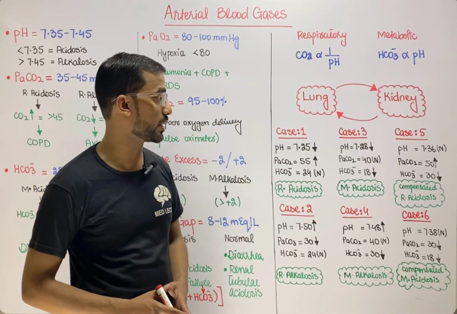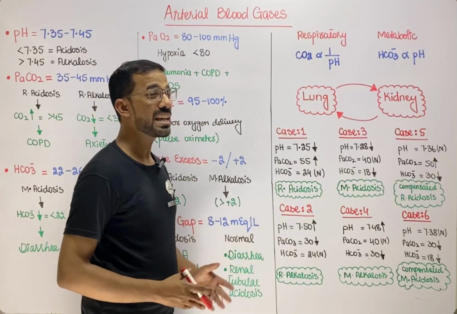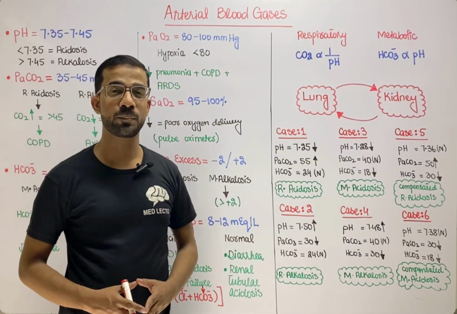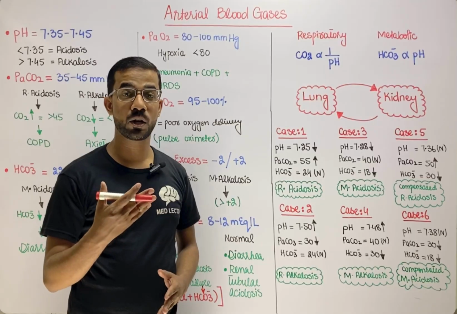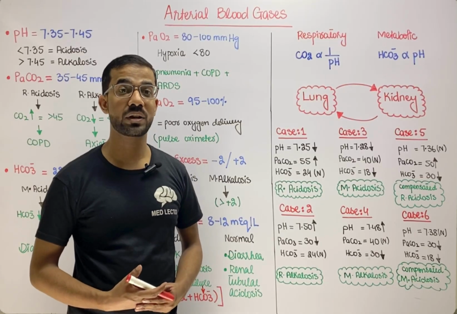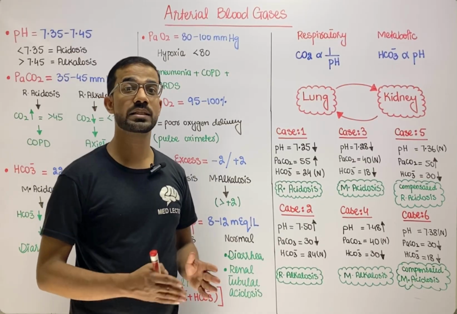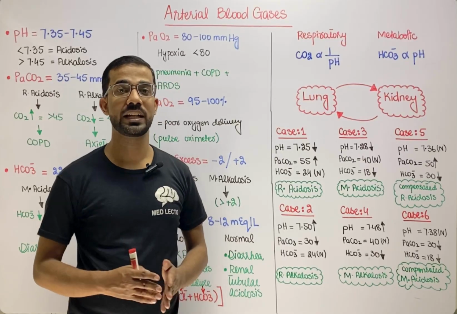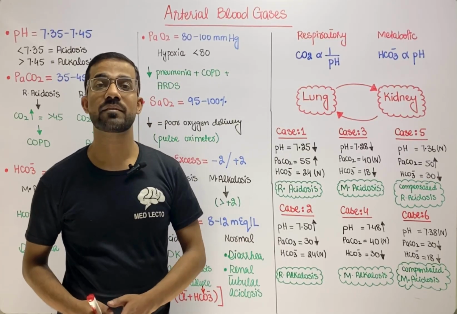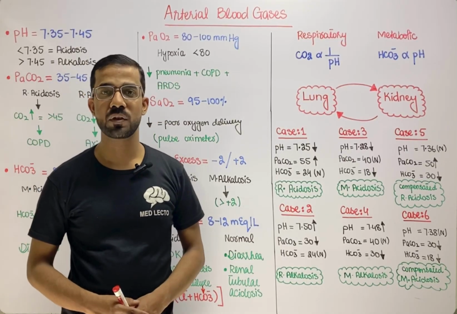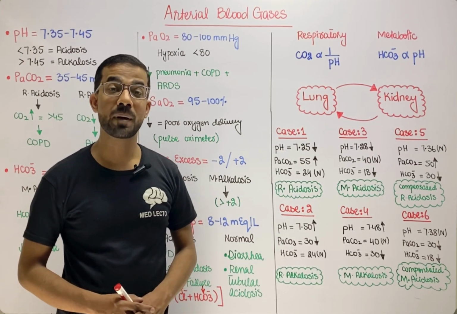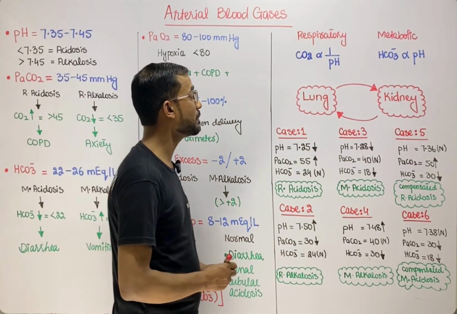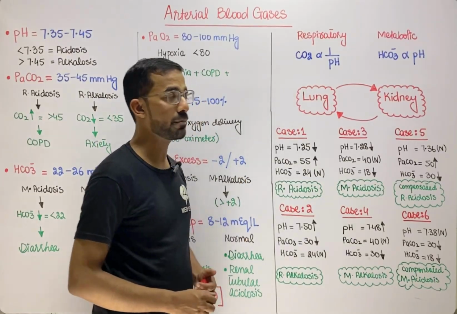Next, we will see the most important trick that will help you, by just looking at ABGs you can guess the condition, whether it is metabolic acidosis or respiratory acidosis. All these cases will be easier for you to understand by just remembering this trick, in the respiratory and the metabolic conditions.